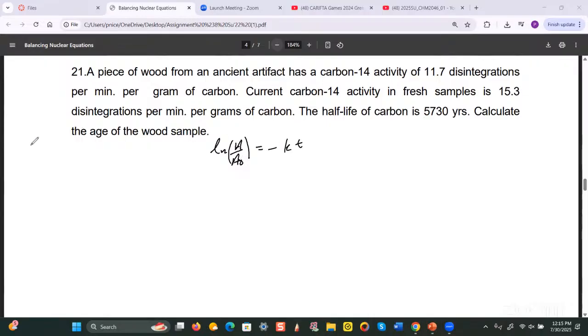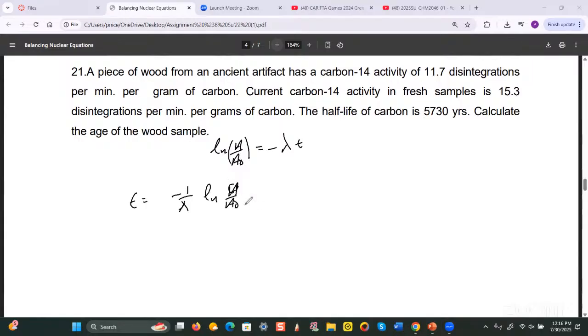Oh, by the way, I keep using K, it should be lambda, not K. K is for chemical reactions, lambda is for nuclear reactions. Lambda is the decay constant, and T is the time. So T is what we're trying to find. T is equal to minus 1 over lambda times ln A over A0.